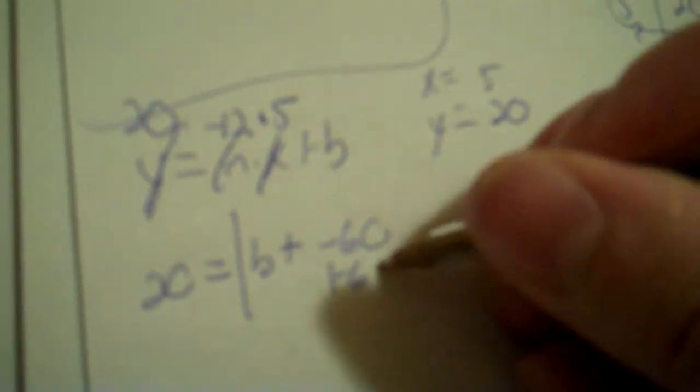So B plus, negative 12 times 5 is negative 60. Then I plus 60, and 80 equals B. So there's the equation, okay? So 80 plus negative 12 times X equals Y, okay?